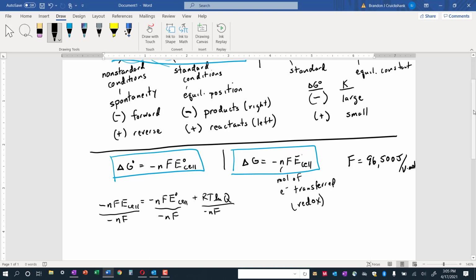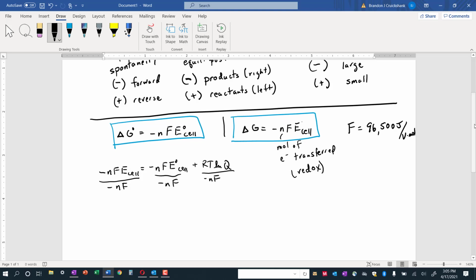Okay, and when we do that, we get a nice new equation relating the standard cell potential to the non-standard. That's pretty cool, because that's like the top equation. I'll scroll back up in just a minute, relating our non-standard delta G and our standard state delta G.